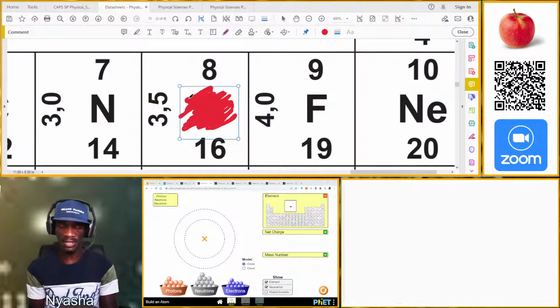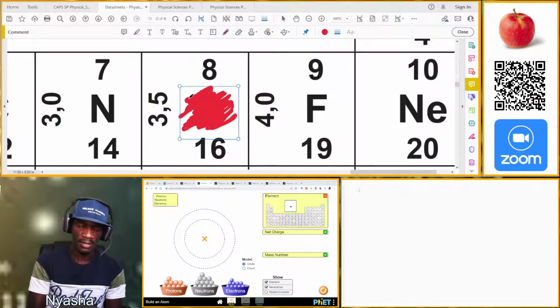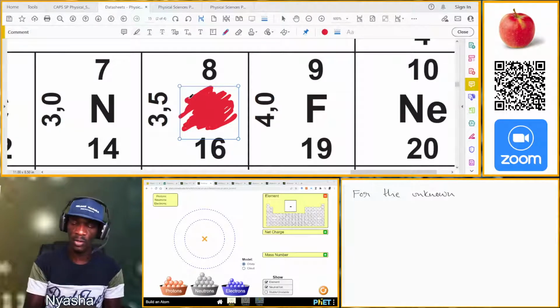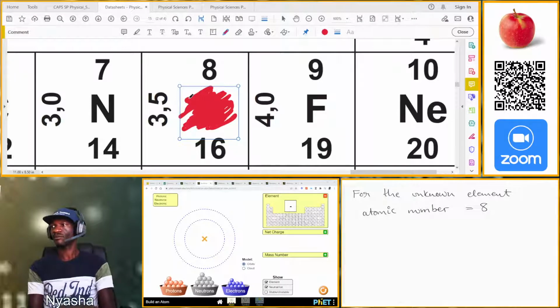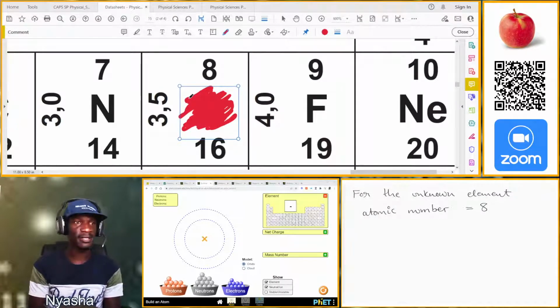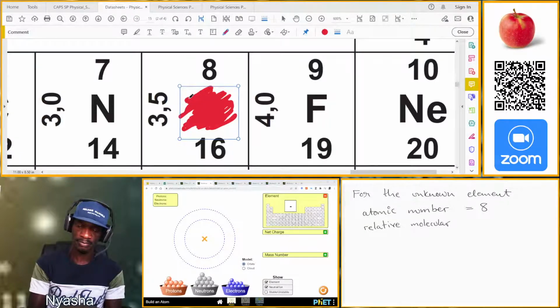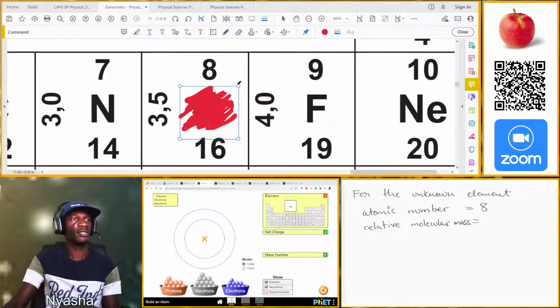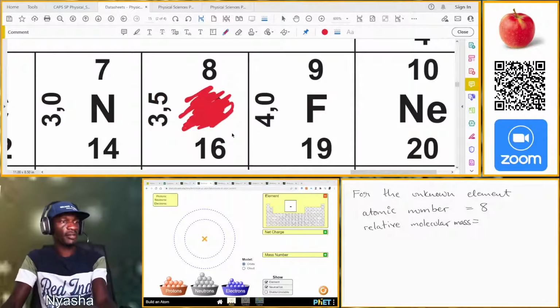But for this unknown element, its atomic number is equal to 8, and its relative molecular mass is obviously the number that is below there, right?